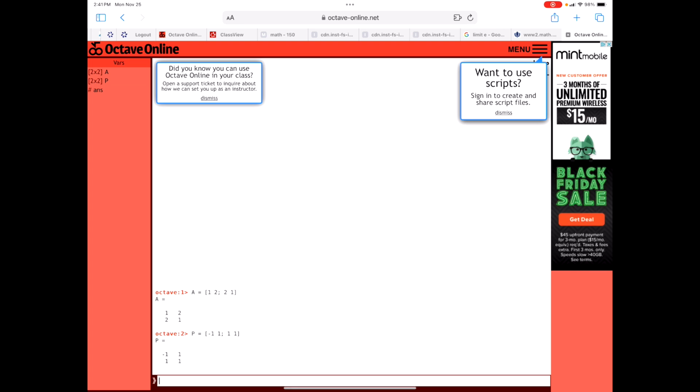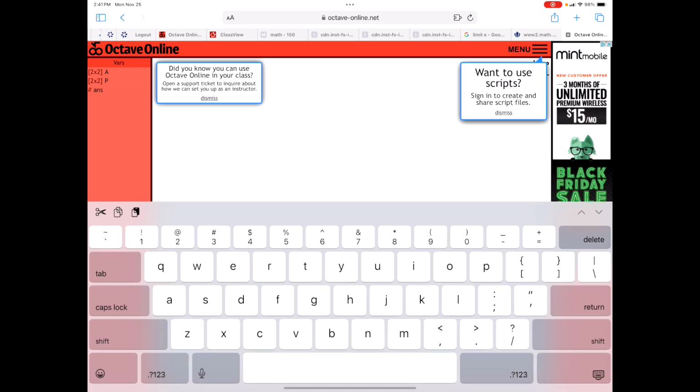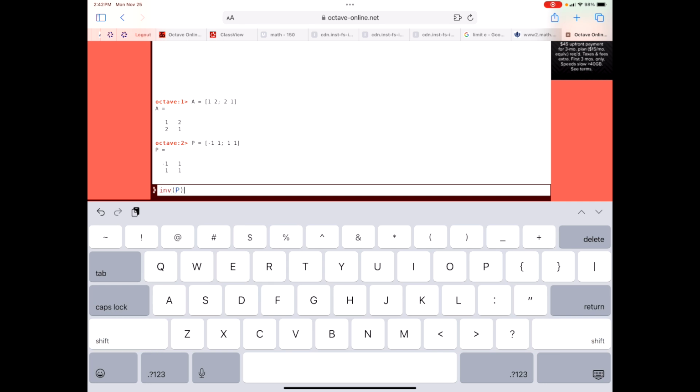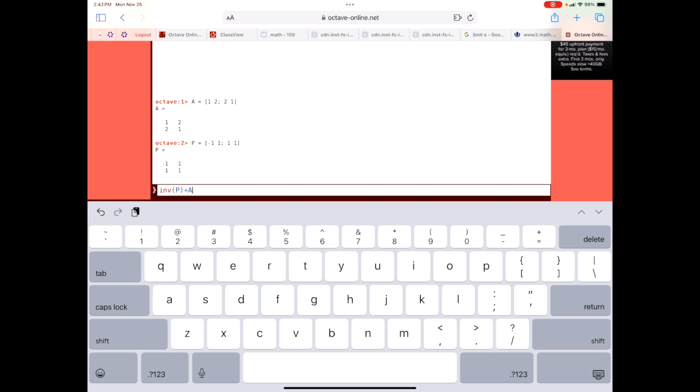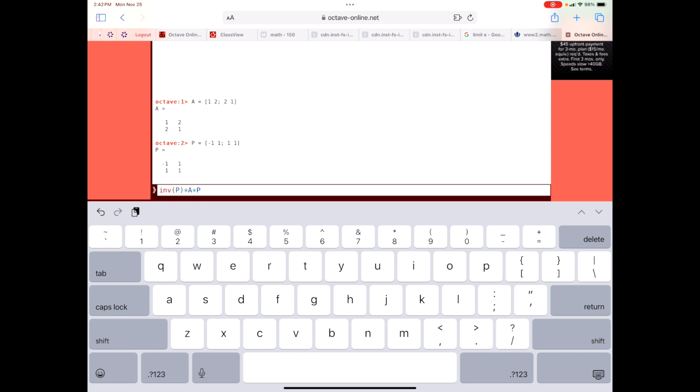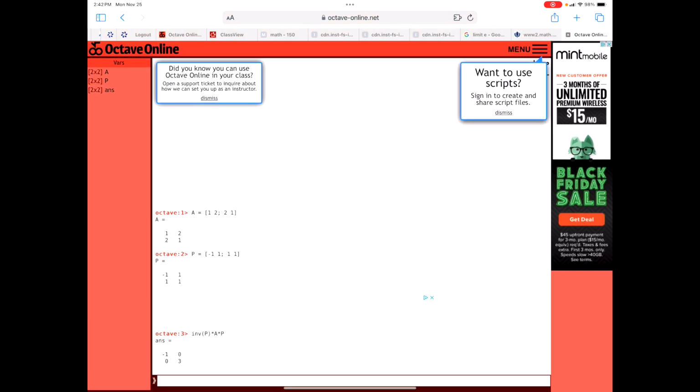Now, if I multiply P inverse, so in Octave the command would be inv(P) times A times P, this should be diagonal with our original eigenvalues. And look at that.